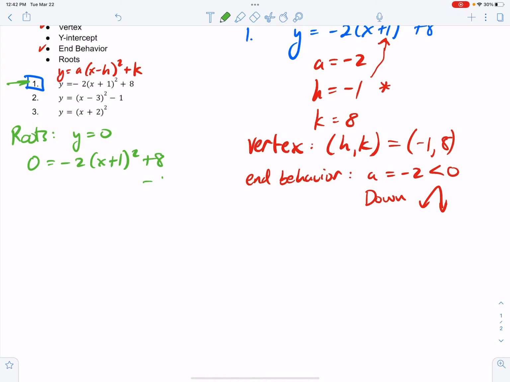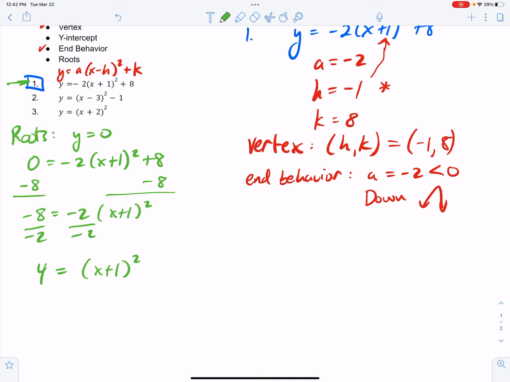We're going to solve this equation: we subtract 8, divide by -2, -8 divided by -2 is +4, and that equals x plus 1 squared.